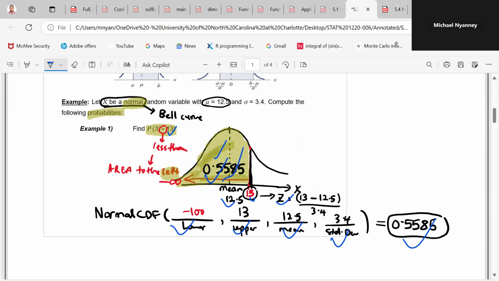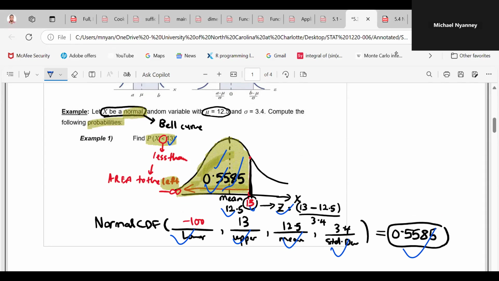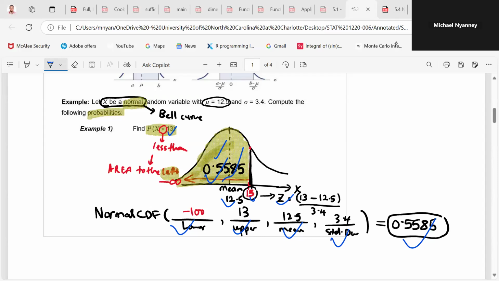Now let me do one example here so that you get what I'm trying to say. You press second, you press the vars, you choose the second, that's the normal CDF, you press enter. Now, what is your lower? Your lower is minus something, so minus 1000.